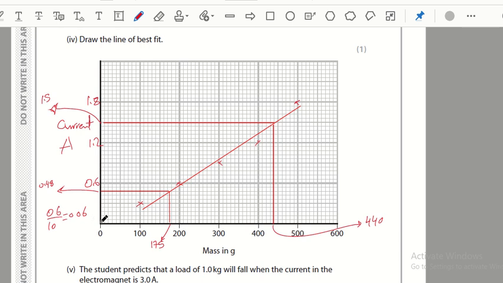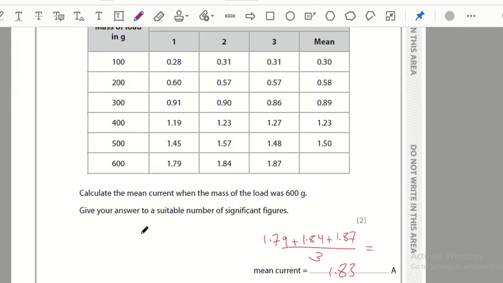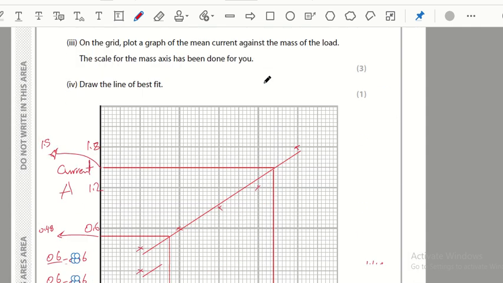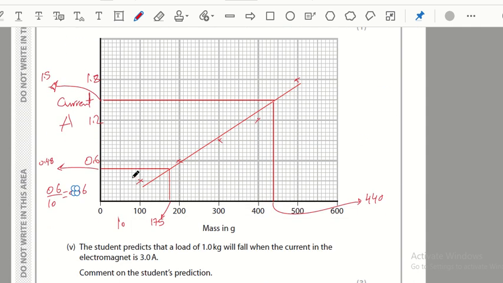0.6 is represented by 10 small squares, so each small square represents 0.06. Certainly for the x-axis, 100 is represented by a small square, so every small square represents 10. So we have here 100 with 0.3. To find it on the y-axis, we can divide it by the value of each small square, which is 0.06.